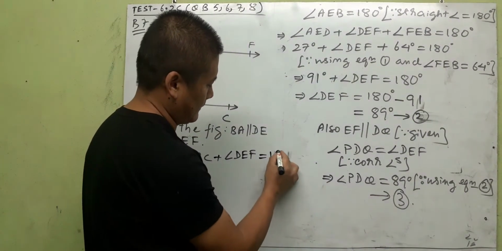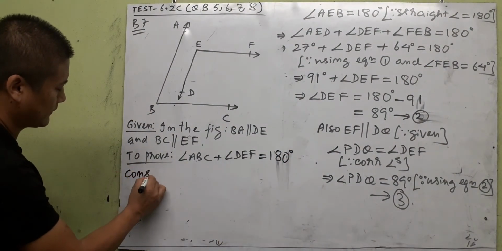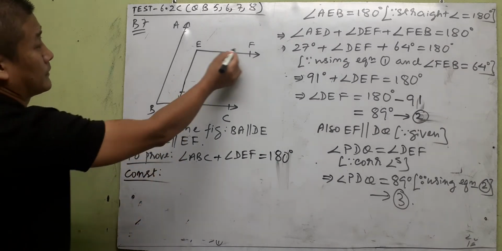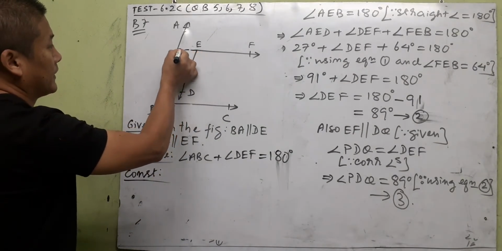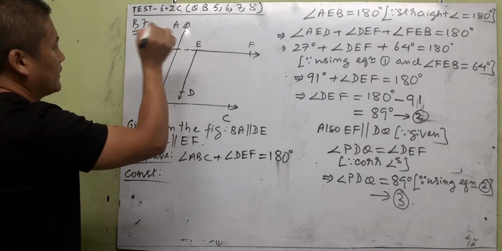Okay, so here let's do a simple construction that will help us. Produce FE, intersecting this line AB at G, let us say.